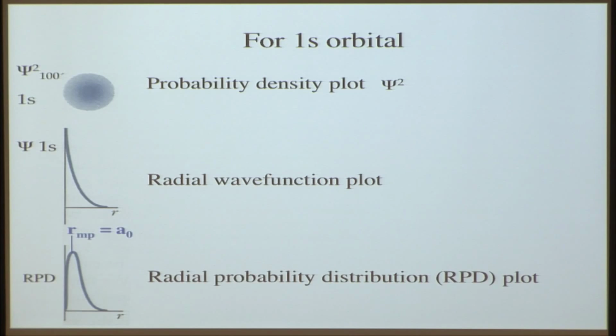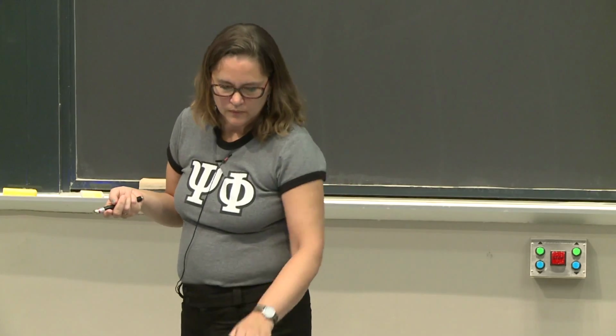And for 1s, we have the dots closer to the nucleus here. Probability goes up and goes down. And here, you're thinking about this as the amplitude of finding an electron as you move away from the nucleus.